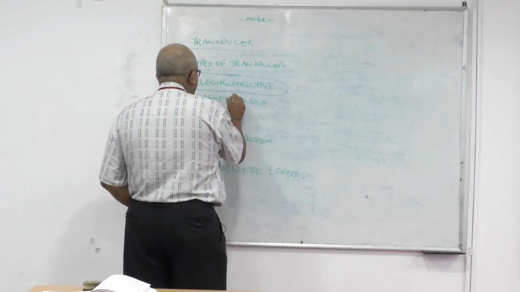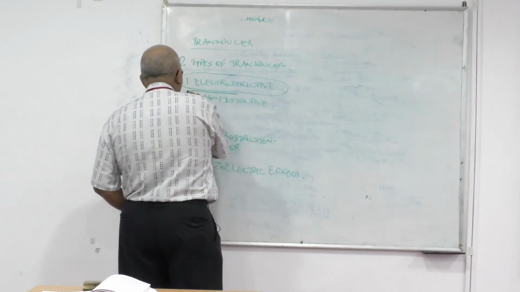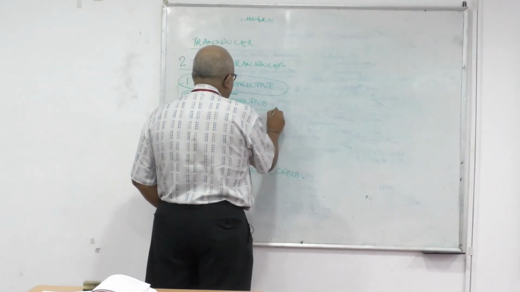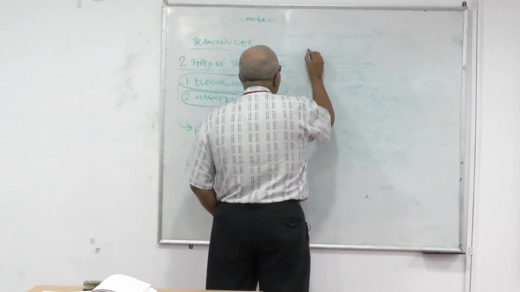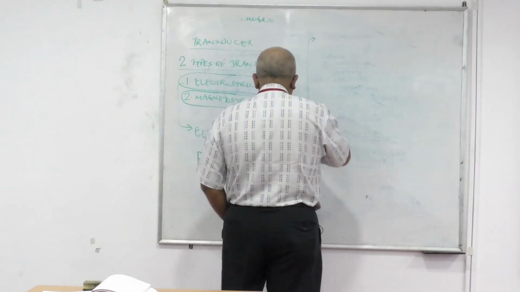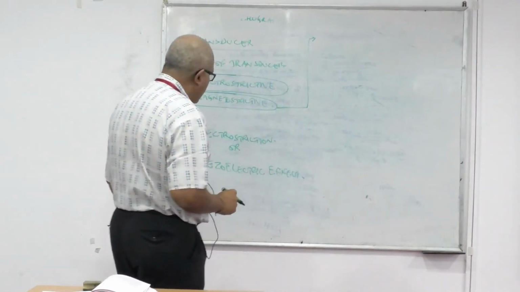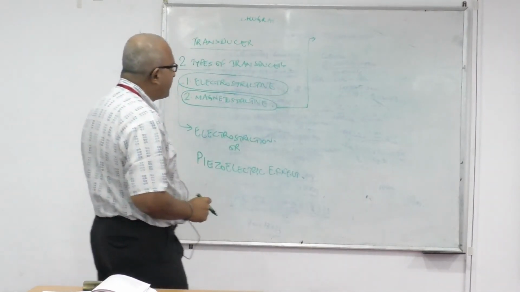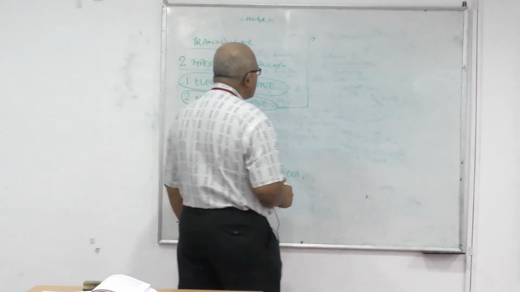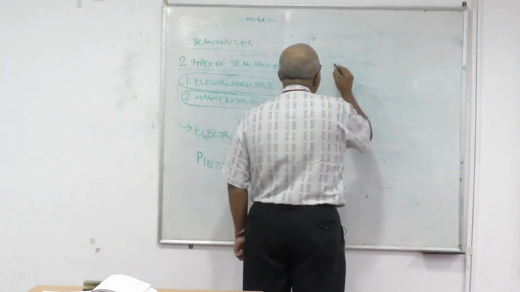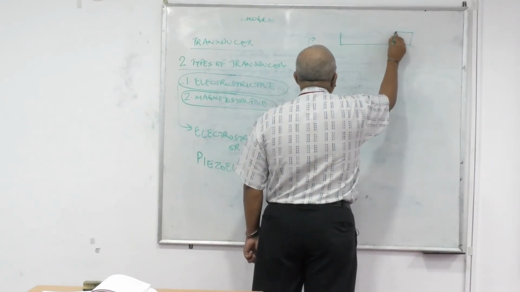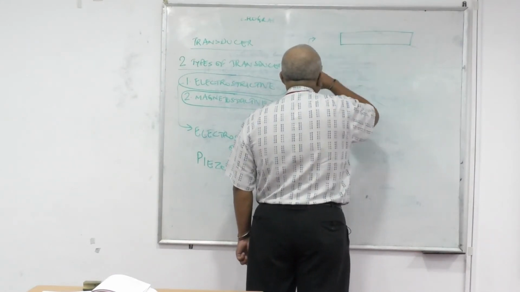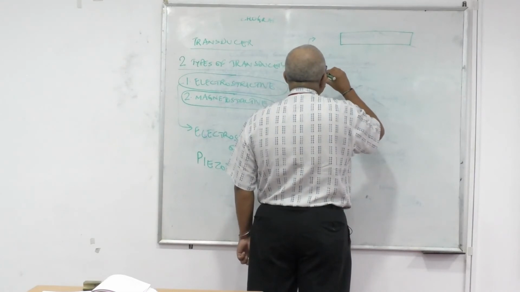The second type I have mentioned, the magnetostrictive type of transducer, is based on the principle of magnetostriction, as is very clear by the name itself. We are discussing the principle of magnetostriction here.